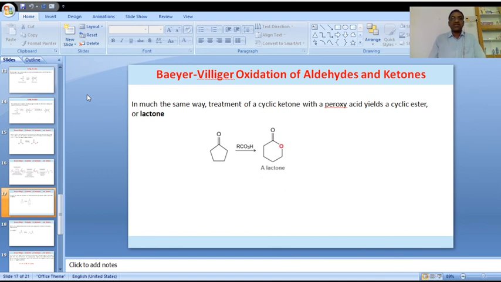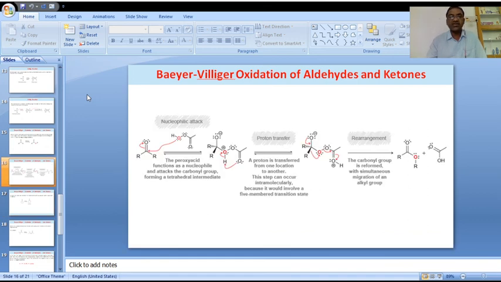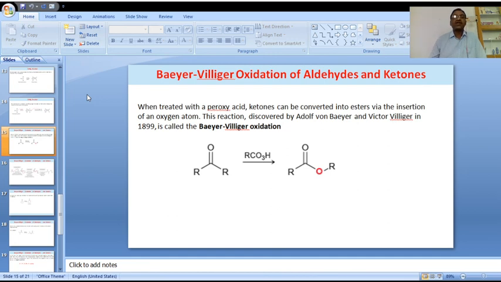In the last slide we already discussed the ketonic functional group reacting with the peroxy acid. Here once again, the ketonic functional group on reaction with the peroxy acid is converted to esters.